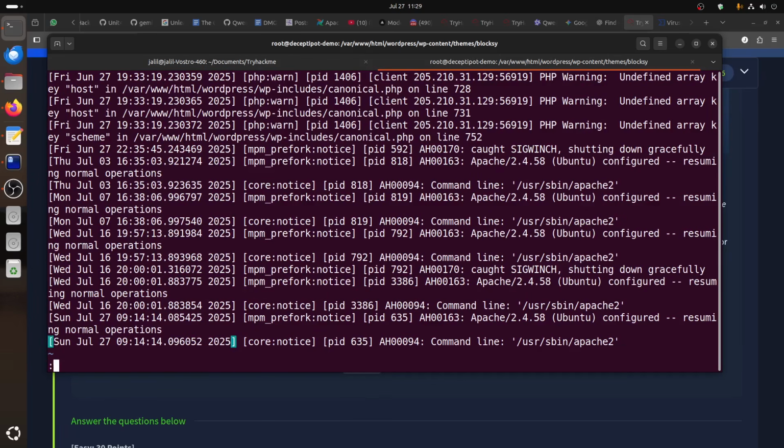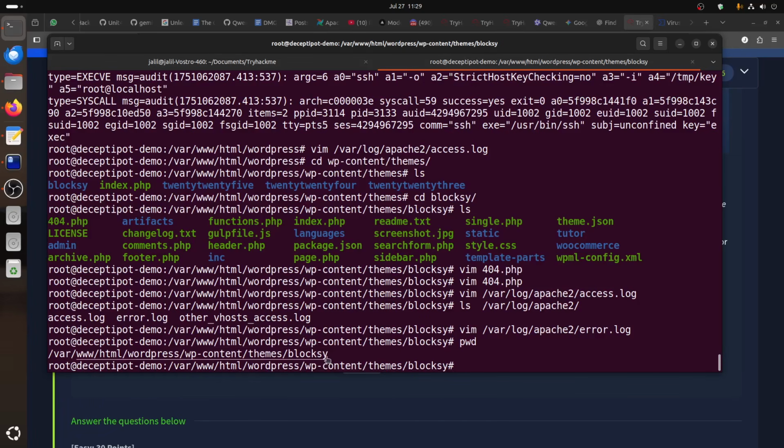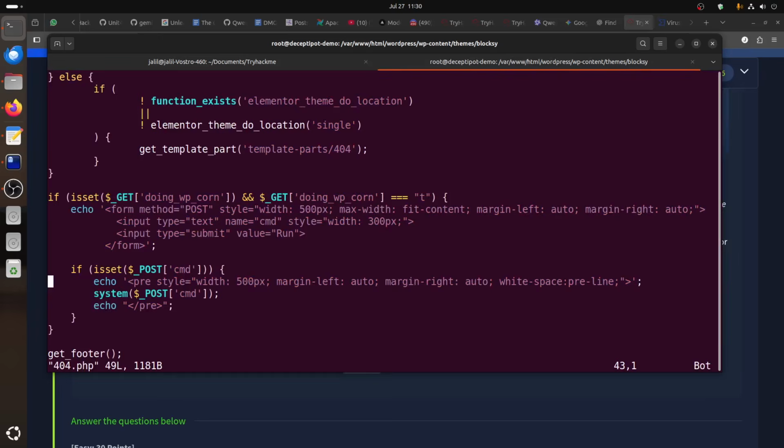No, it's fine. So you can see the 404 is, and of course the absolute path is /var/www/html/wordpress/wp-content/themes/elementor, and the file is 404.php, because we can see it's there.